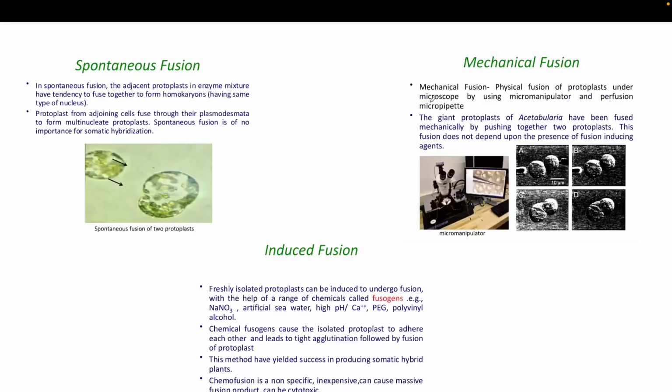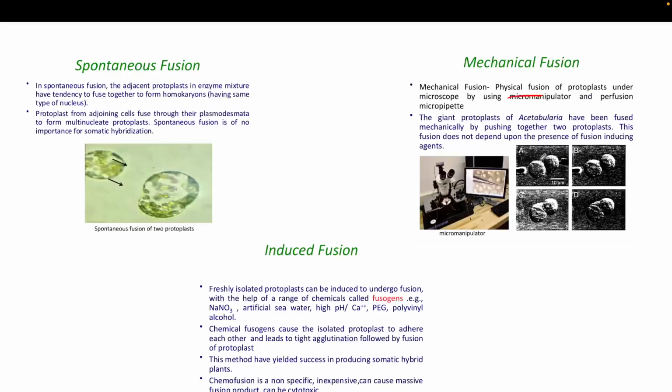The second one is mechanical fusion. It is the physical fusion of protoplasts under the microscope by using a micromanipulator and perfusion micropipette. The micromanipulator is a needle-type instrument.